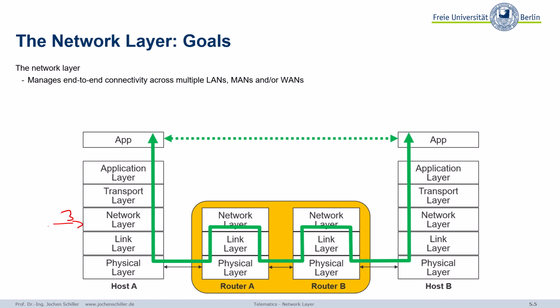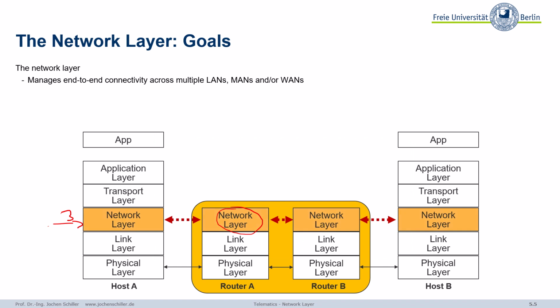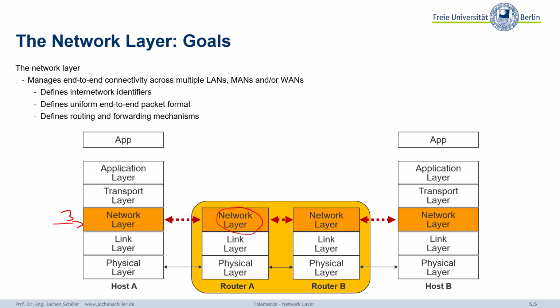As you will see, we have routers in between, and the routers go up to the network layer, and they may process packets here. So for now, we have a closer look into this layer 3, and there we define certain network identifiers, we define the packet format, and we define how we perform routing and forwarding.